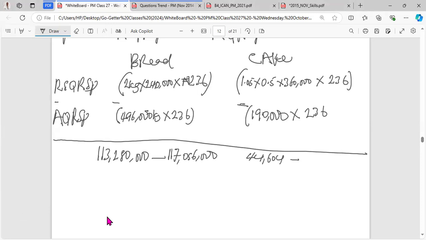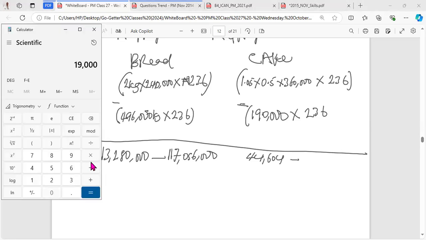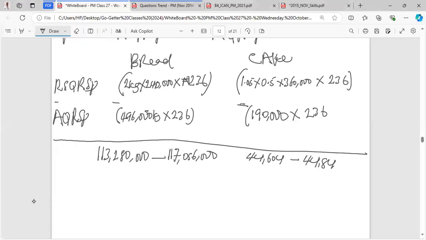Then here, this is 190 multiplied by 236, 44,840. Okay, forgot to add three zeros in the first place here. So let's check.